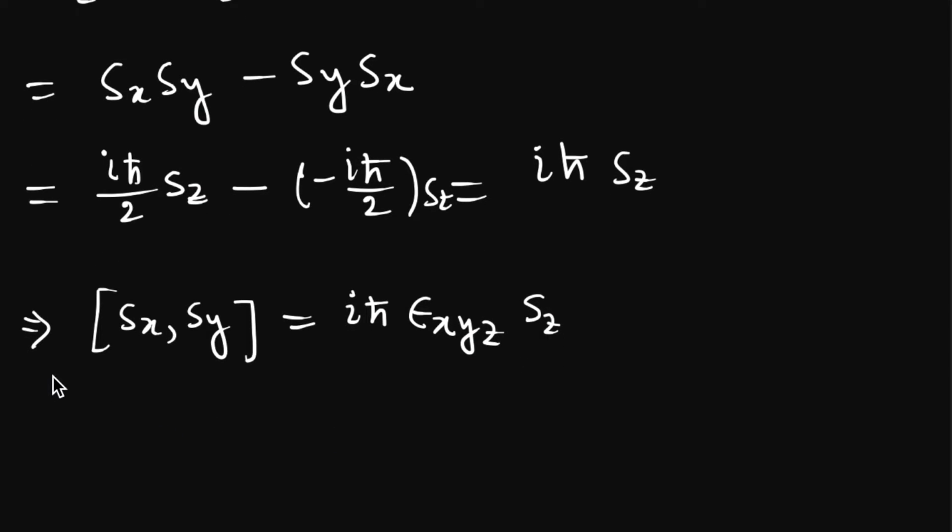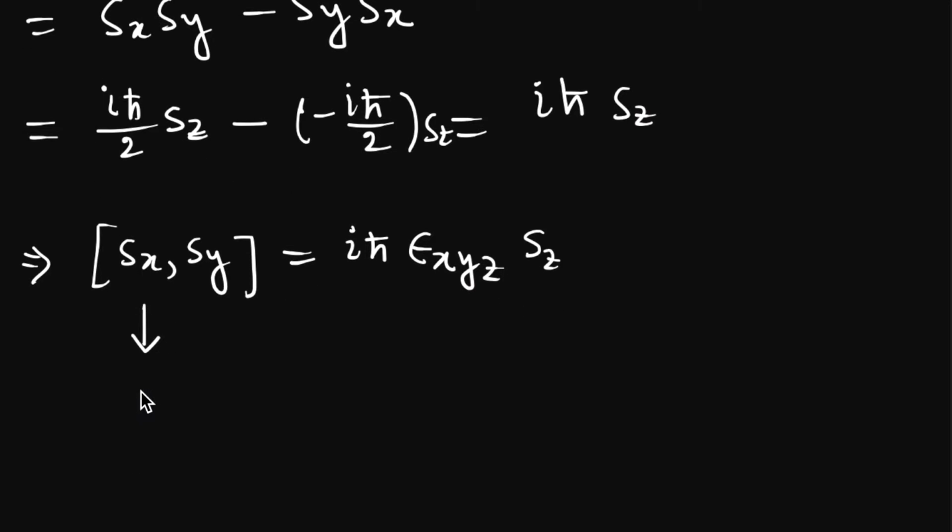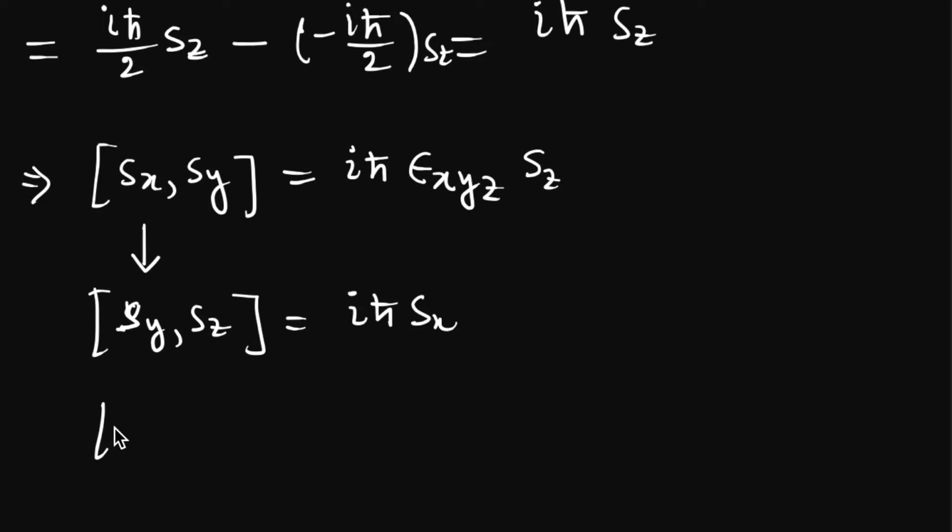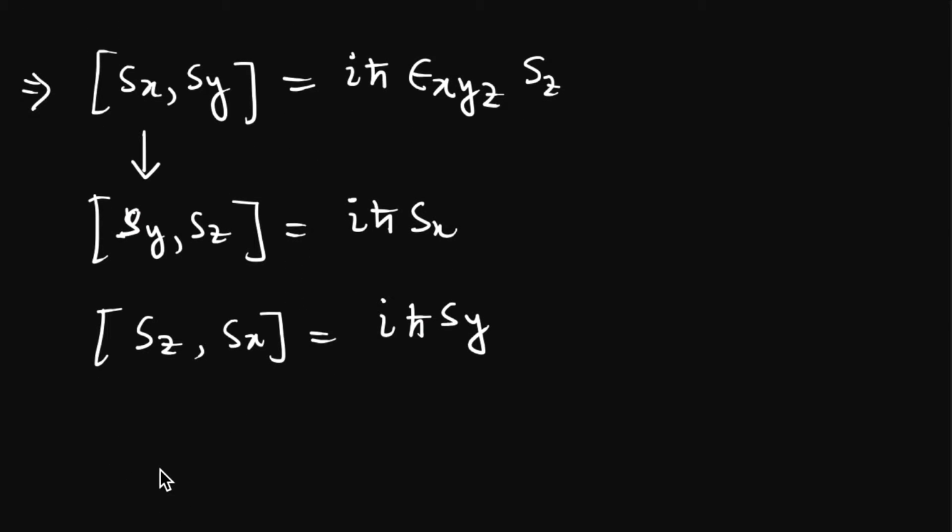Now similarly we will get the commutation relations of [Sy, Sz] equal to iħ Sx and [Sz, Sx] equal to iħ Sy. So hence we proved the commutation relation.